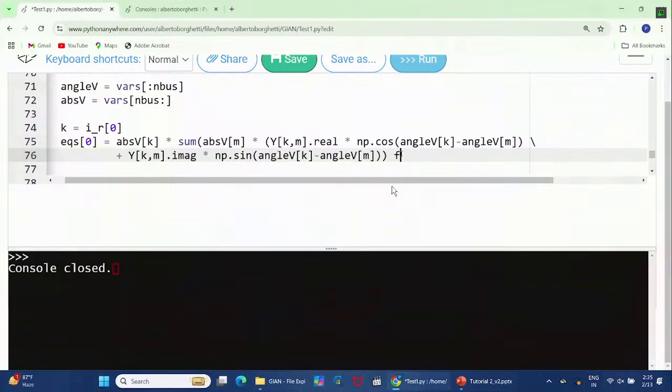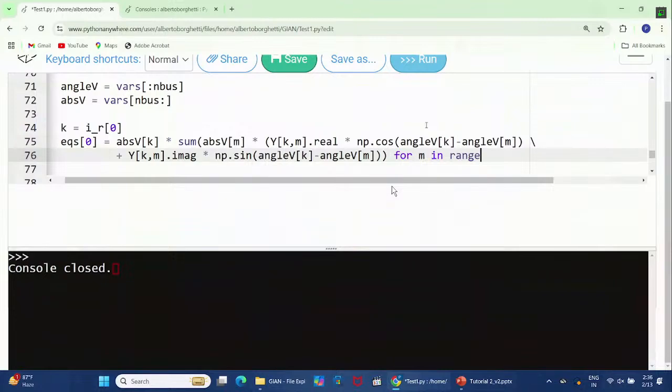So we write for M in, and then we say in the number of buses, for all the buses of the network. In order to say that, we use this range. We have already used in the first lecture this range that says all the buses, 0 and 1. Buses are 1, 2, but Python starts from 0, so for it the indexes are 0 and 1.